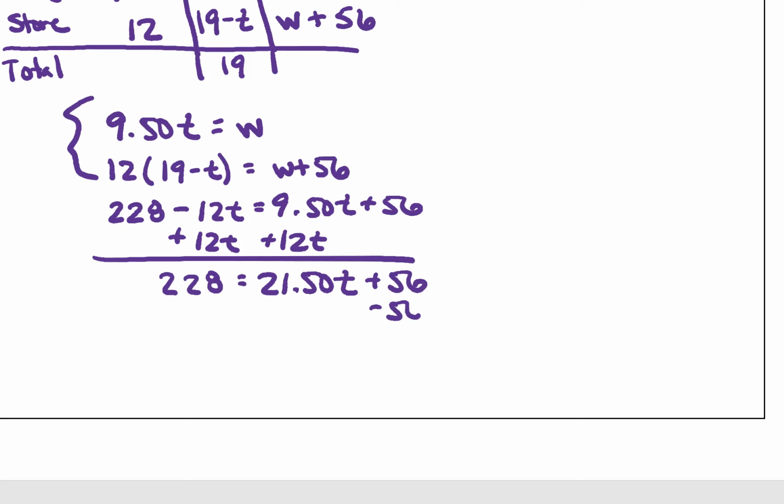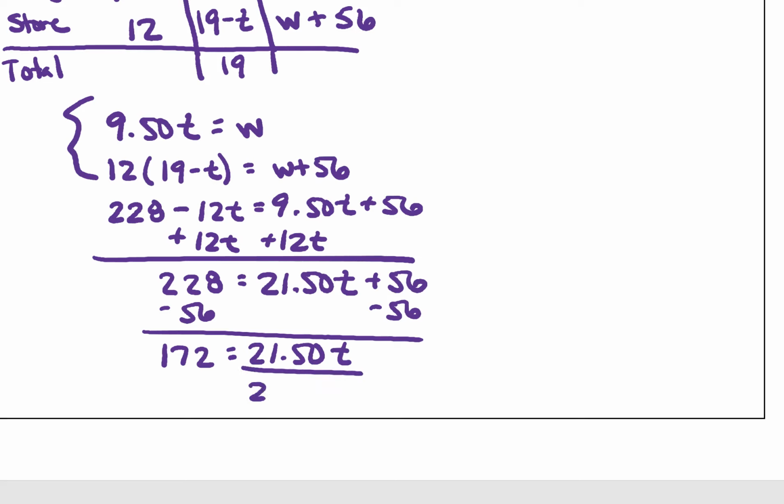Then we're going to subtract 56, and that's going to give us 172 equals 21.50T. And then divide both sides by 21.50. So that's going to give us that T equals 8.